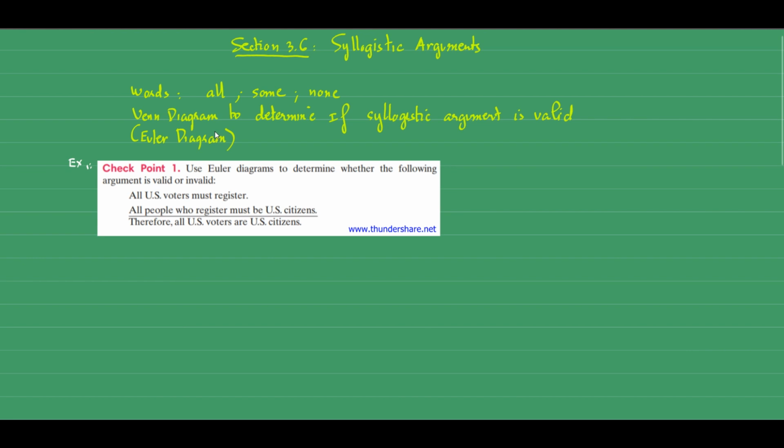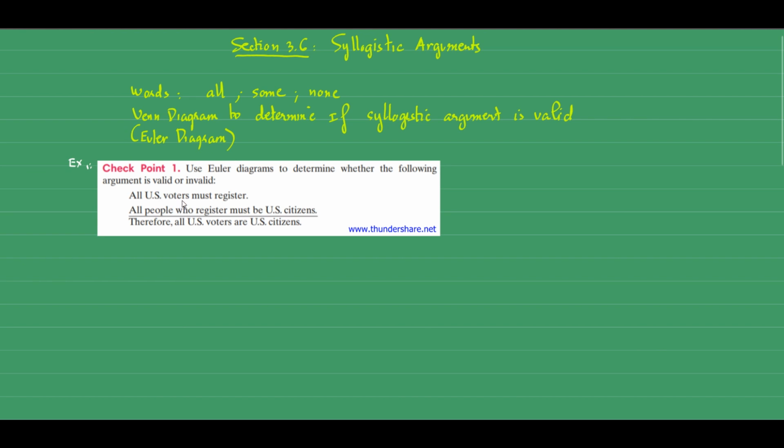I see sometimes they put Venn diagram, sometimes Euler. Most of the time they put Euler diagram, but because we already know what a Venn diagram looks like, I'm going to put Venn diagram here. Both are kind of the same thing.